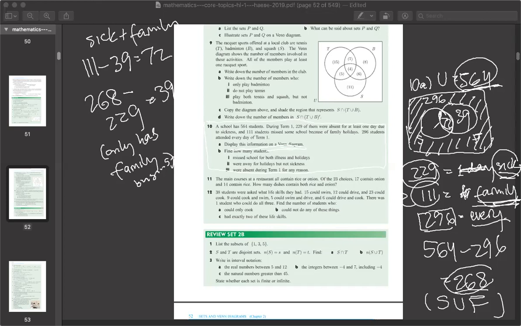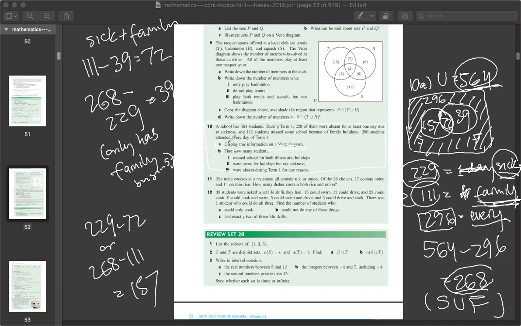To get this part, you can either do 229 minus 72, or 268 minus 111, and it will result in the same answer, 157. After you get all the values in every part, that's when you finish number one.